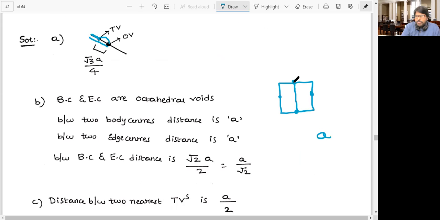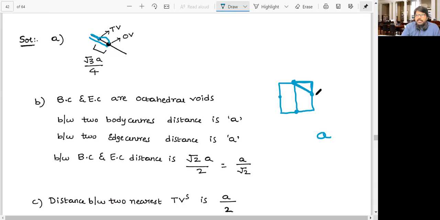But if you take this one, so this is edge center, this is corner, and this distance is a by 2. This distance is a by 2. In that situation, this distance will be a by root 2.